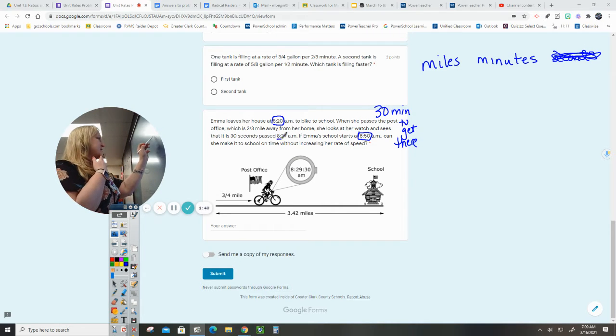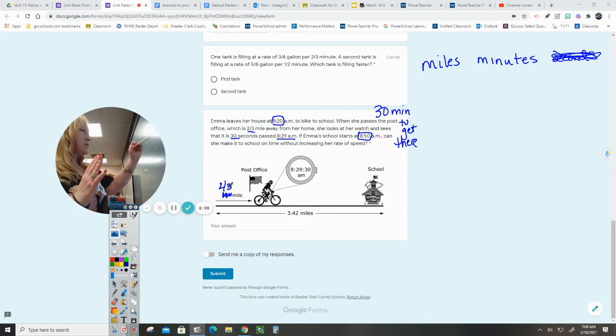Now it's telling me something about 8:29 is 2/3. So I don't know what's showing 3/4. Maybe because that's the other picture. Let me verify the numbers. Yeah. So ignore that this says 3/4. This should be 2/3.